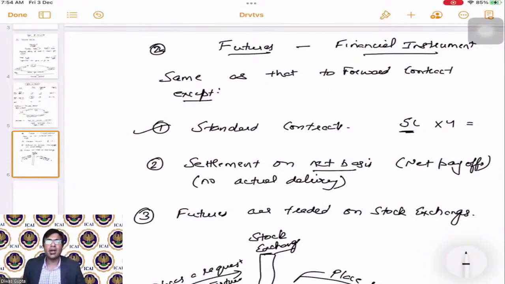So hence, we will not enter into a forward contract, because who will go through a lot of effort to make a contract, to validate it, to make sure that all things are happening. Better to go to a stock exchange where all these contracts are already being traded in a standard way, and hence let's do the trading there.